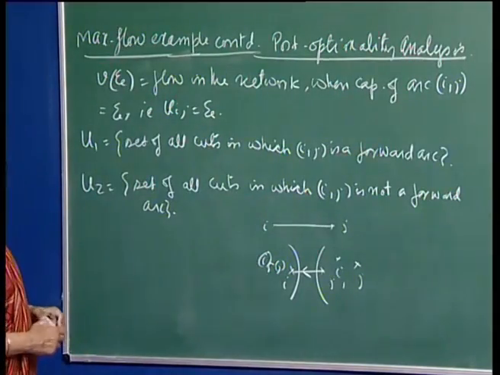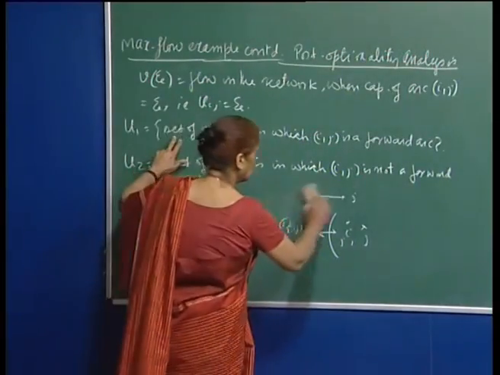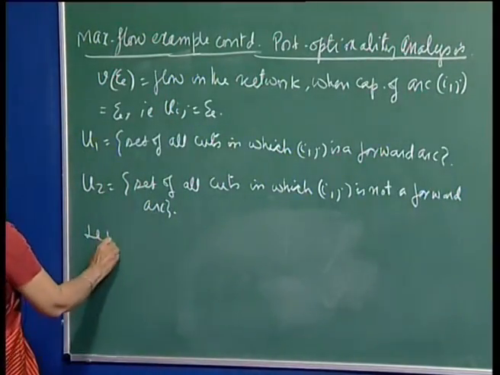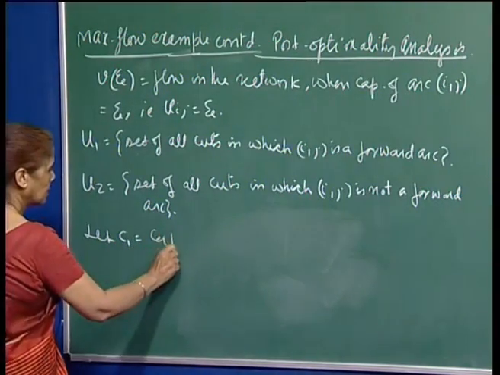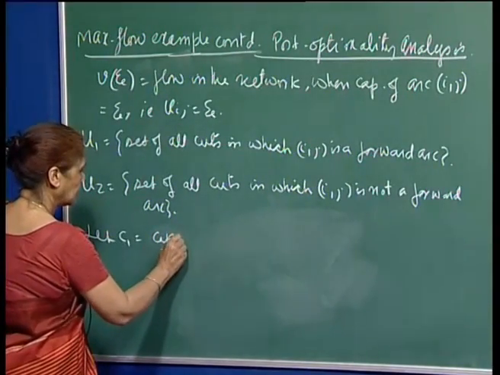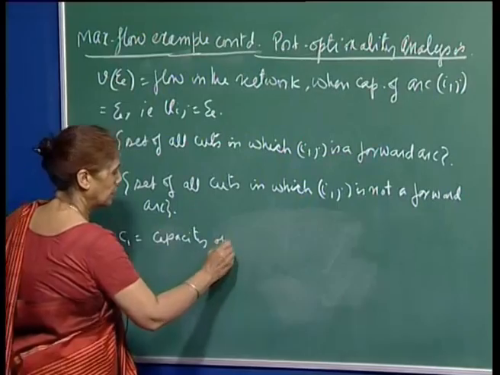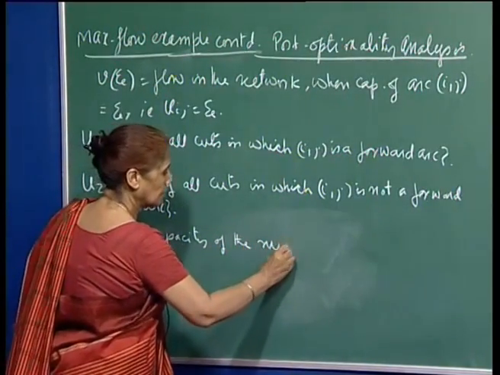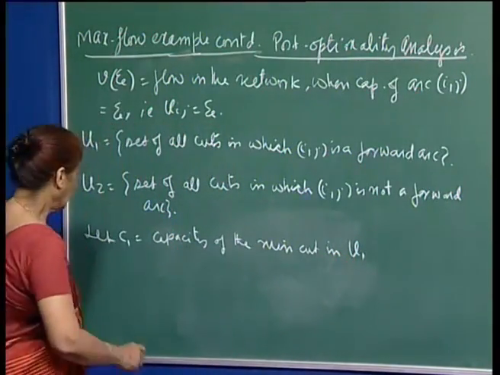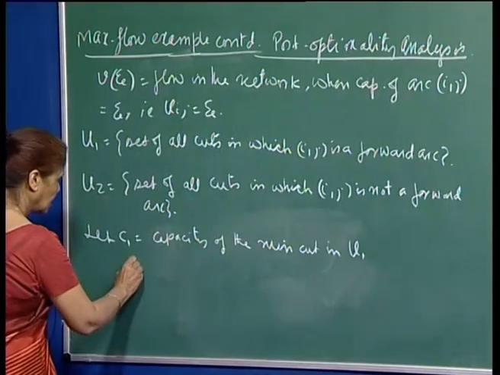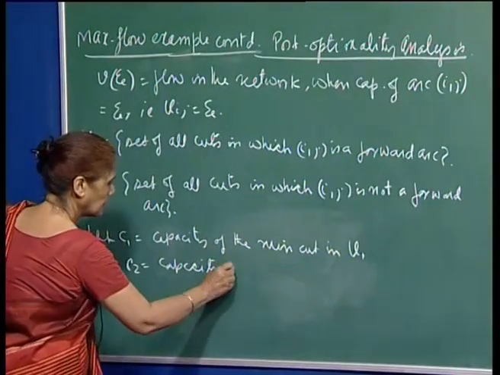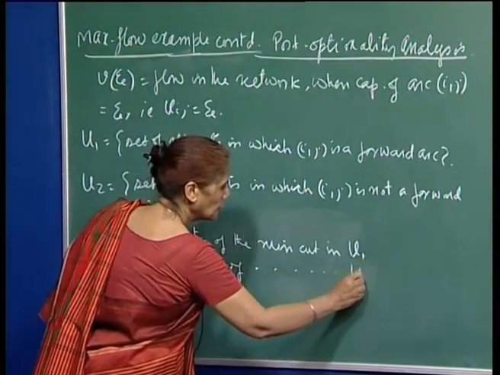Now let me define C1 to be the capacity of the minimum cut in U1, and C2 the capacity of the minimum cut in U2.